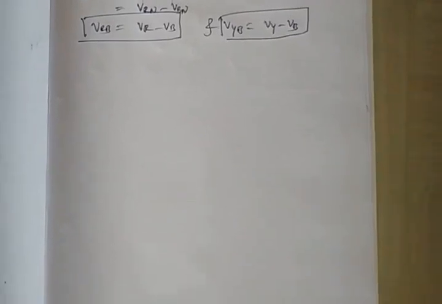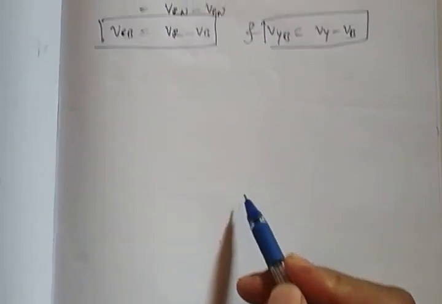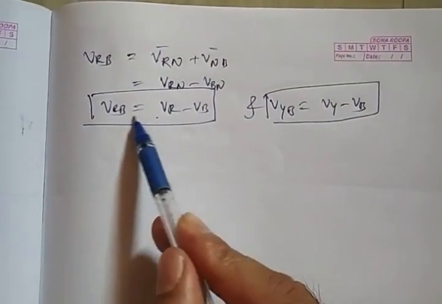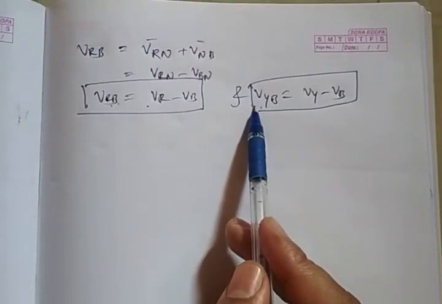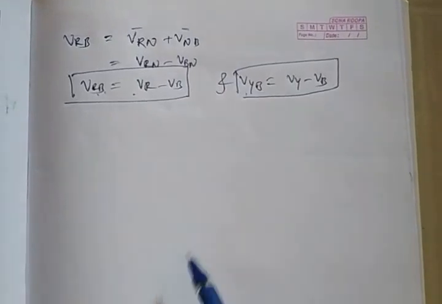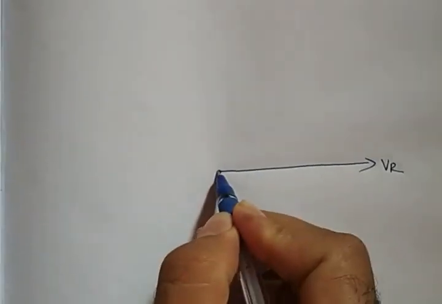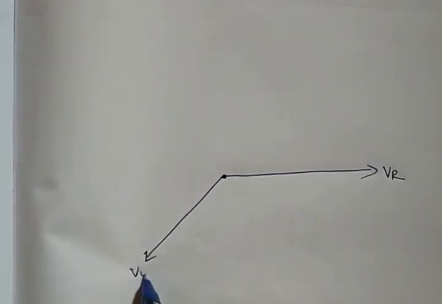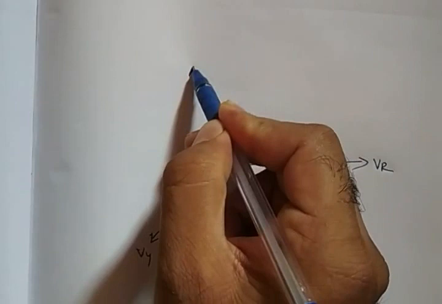Dear students, listen carefully. See how to draw the phasor diagram for the two equations, VRB and VYB. VRB and VYB are the line voltages, VR, VY, VB are the phase voltages. Let us take the reference phase voltages, that is VR, VY, and the third one VB.